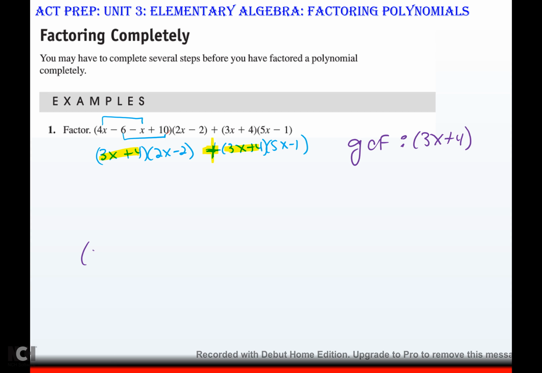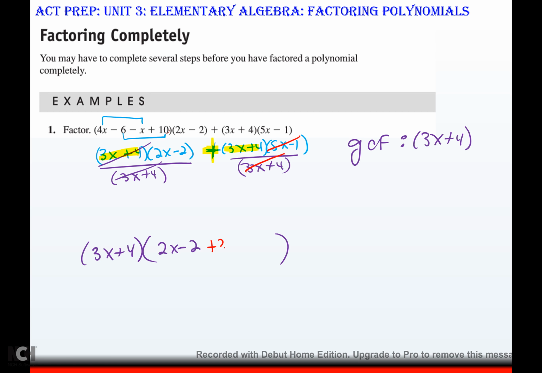So my answer is going to be my GCF times what's left. What's left is what happens if I divide both sides of that plus sign by 3x plus 4. It cancels out here and leaves 2x minus 2. It cancels out here and leaves plus 3x plus 4.